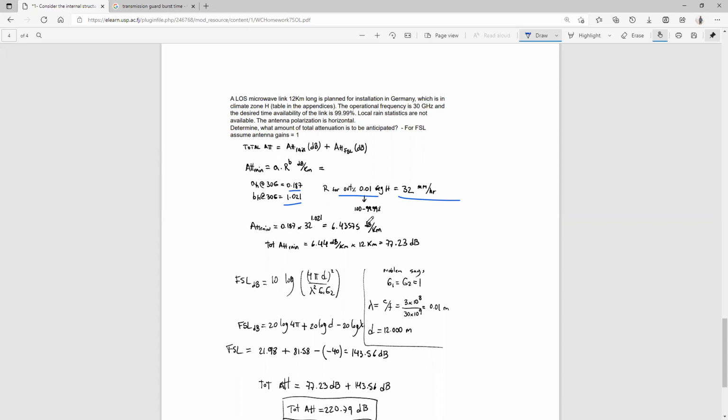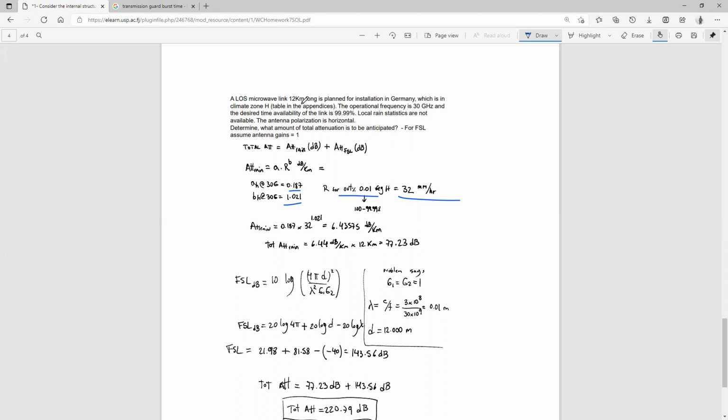Remember, our attenuations are usually in strength, or power, or in decibels. So this is actually the rate. The attenuation rate is given over here, that is 6.44 decibels per kilometer. So what do we need to do?